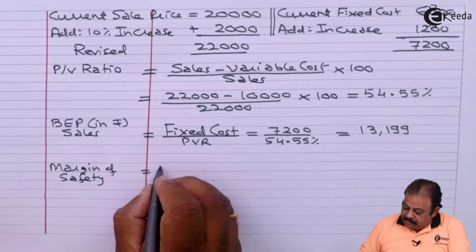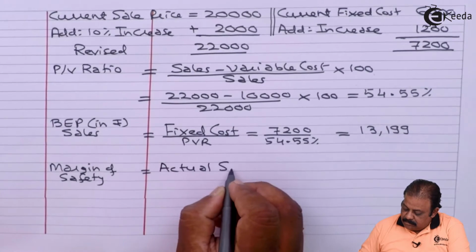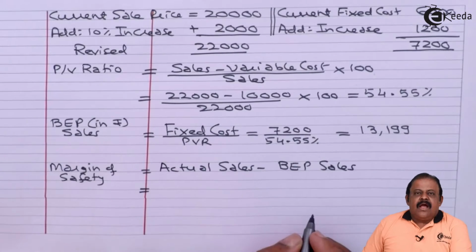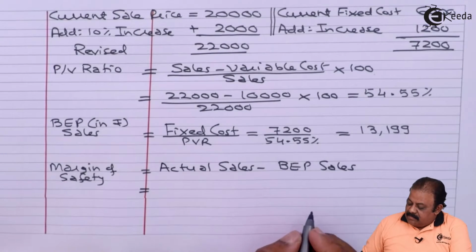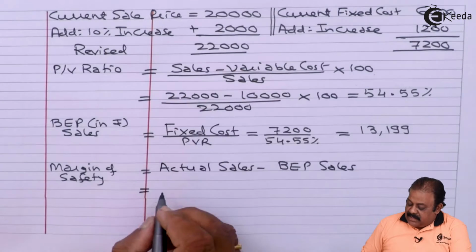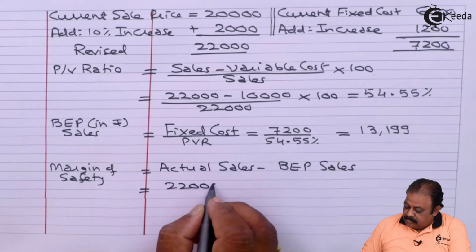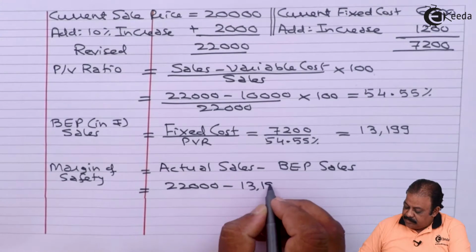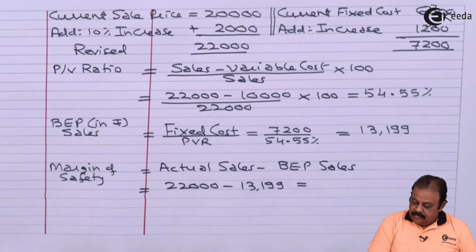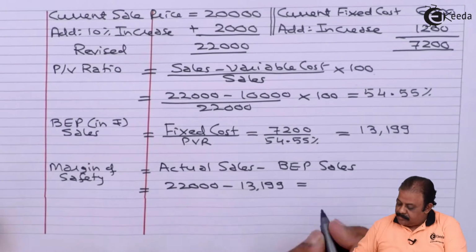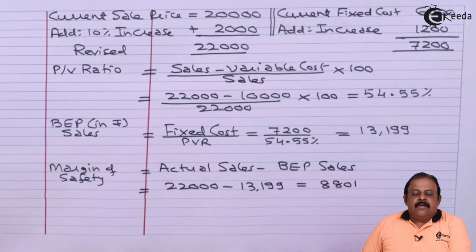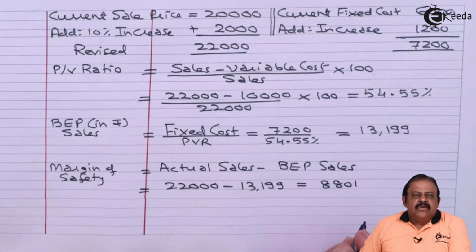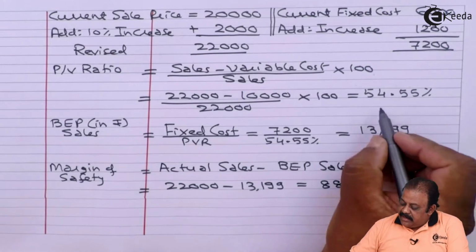Margin of safety, actual sales minus break-even point sales. Actual sales means here revised sales 22,000. Break-even point sales 13,199. It comes to 8,801.